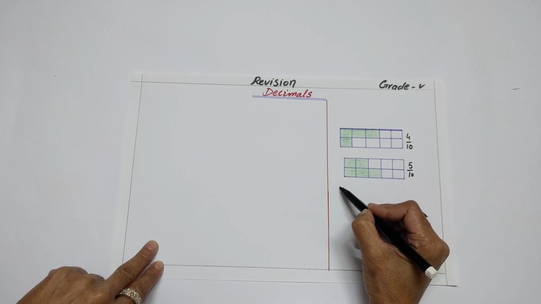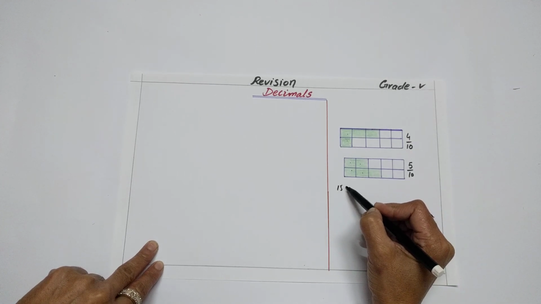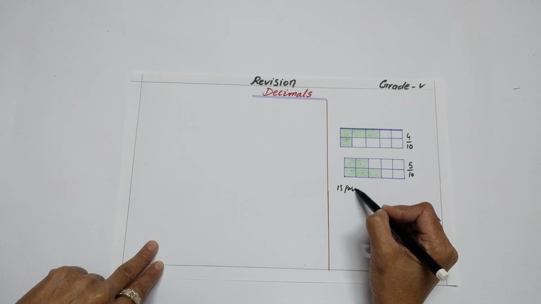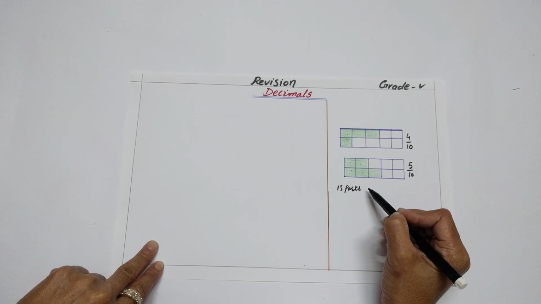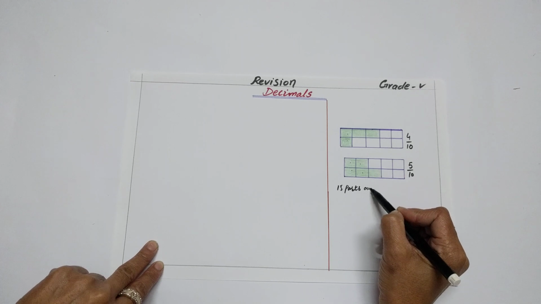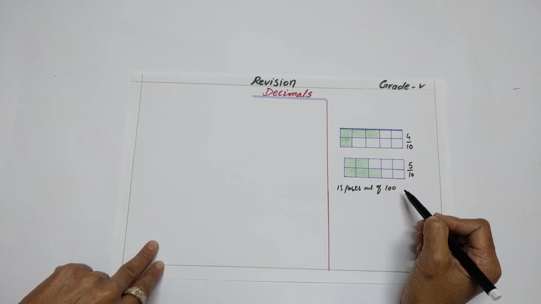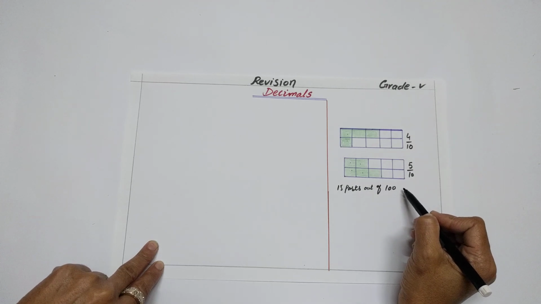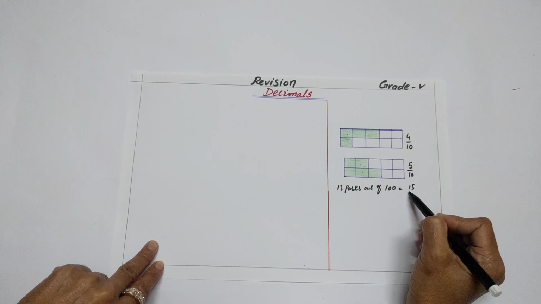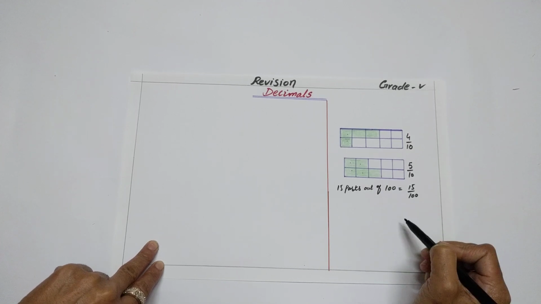Similarly, if 15 parts are shaded out of 100, then it will be written as 15 by 100.